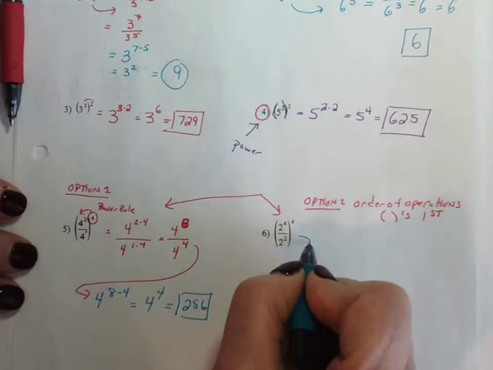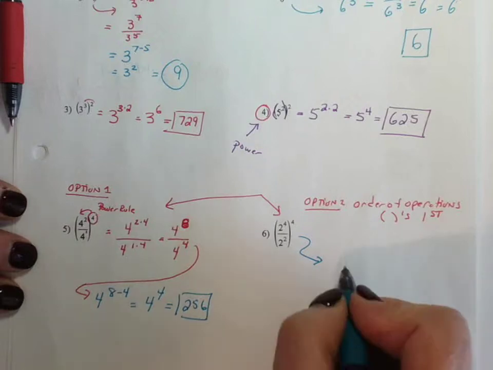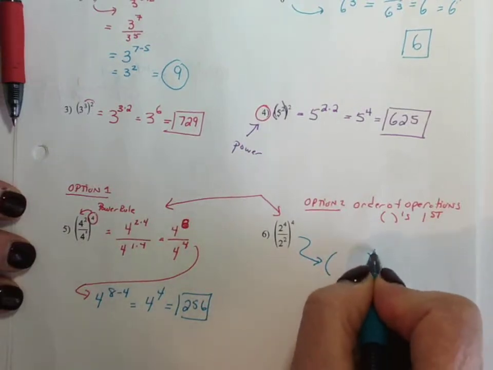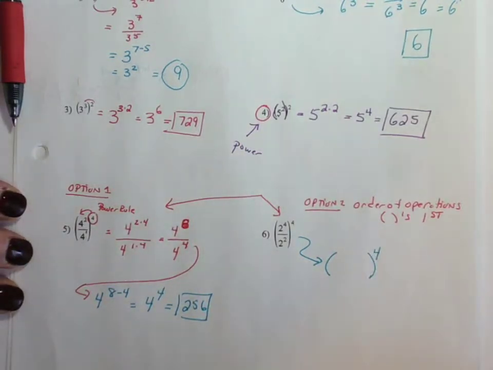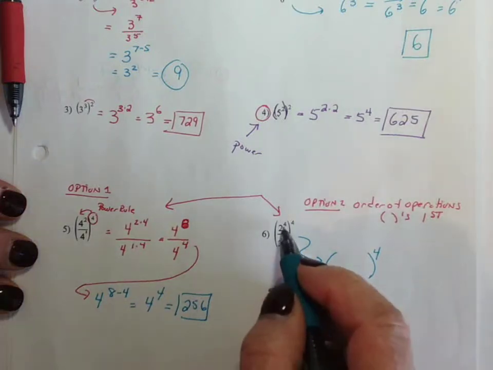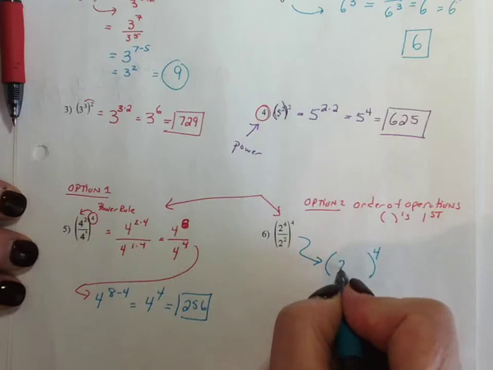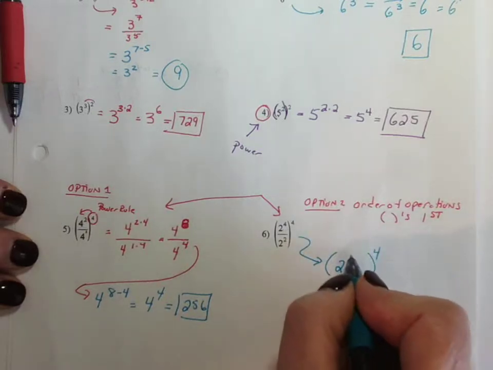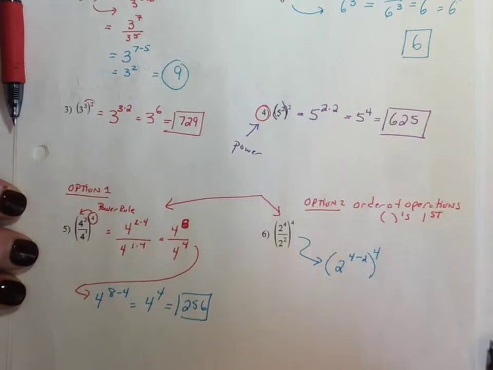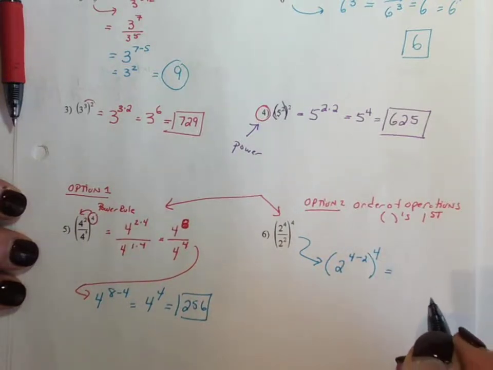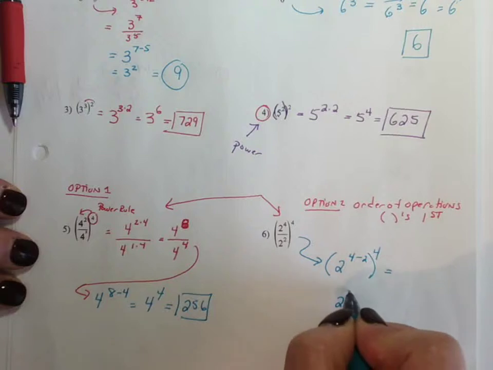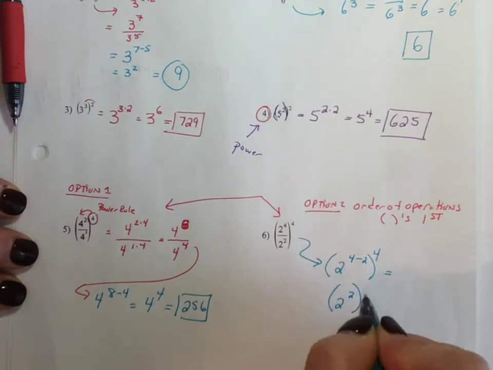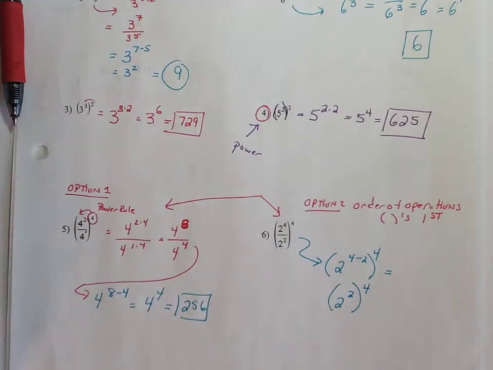So in this case, I have on the outside the 4, and I'm going to simplify using the quotient rule. Quotient rule says same base, subtract the exponents. 4 minus 2, which gives me 2 squared raised to the 4th.